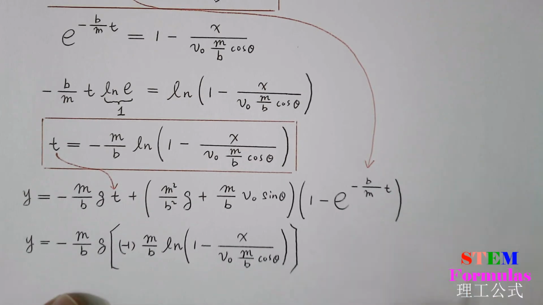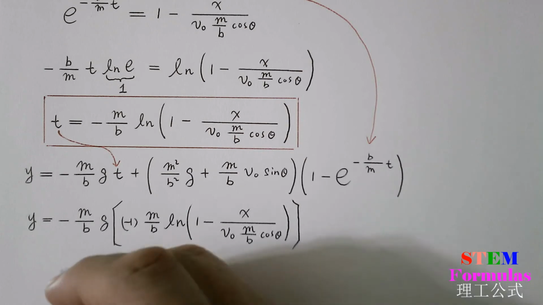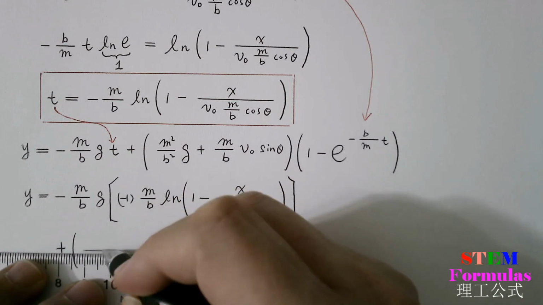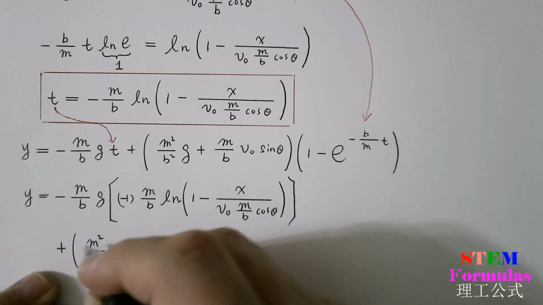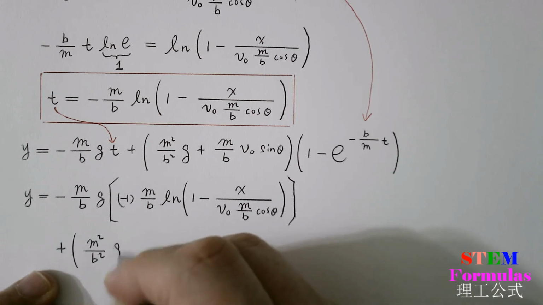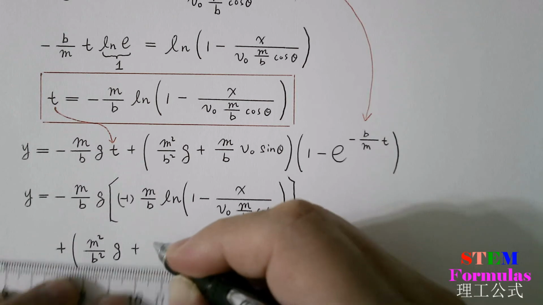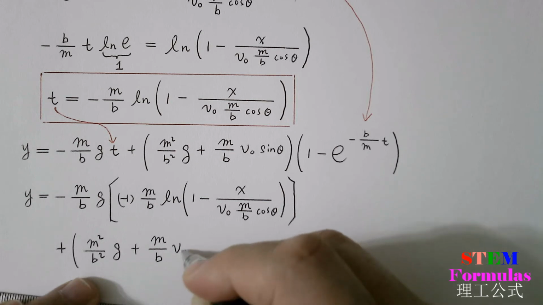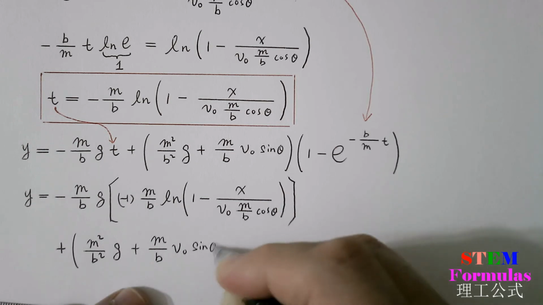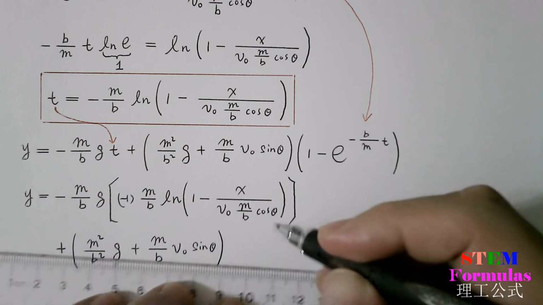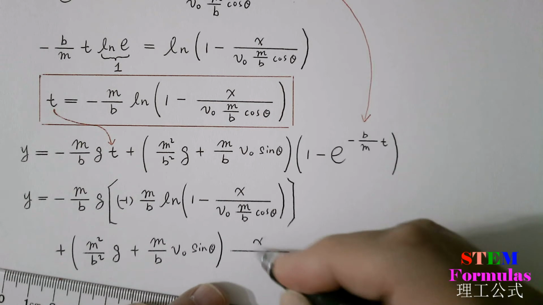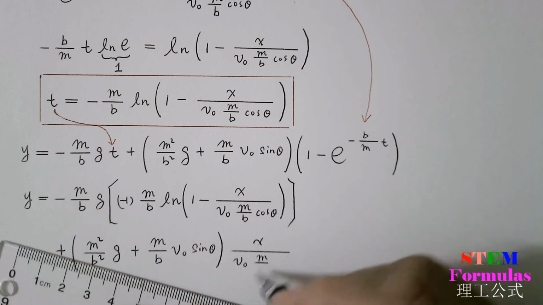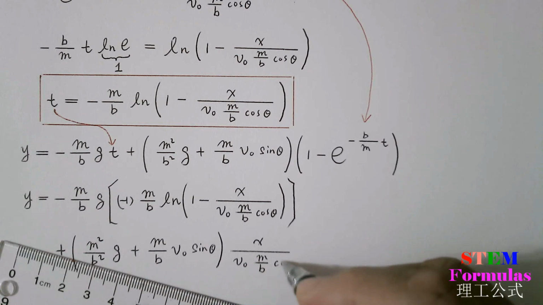Then plus m square divided by b square times g plus m divided by b v0 sine theta times x divided by v0 times m divided by b cosine theta.